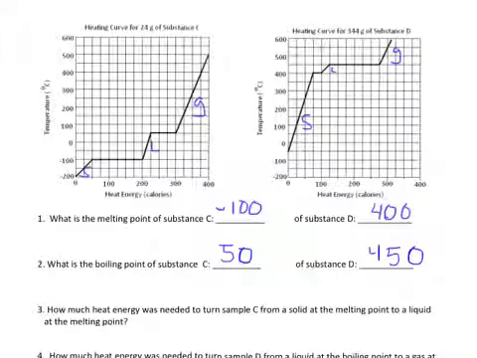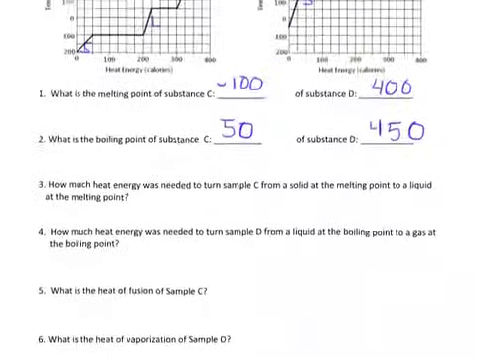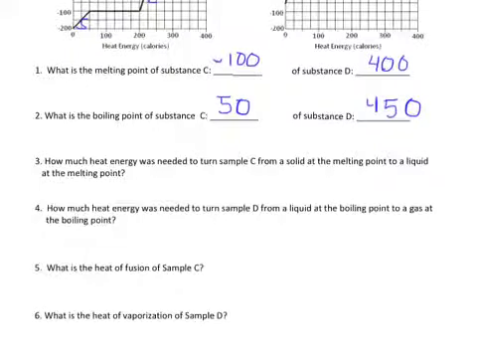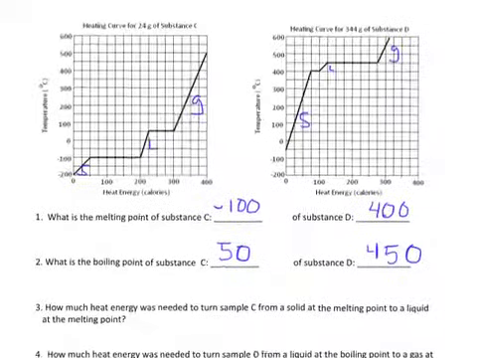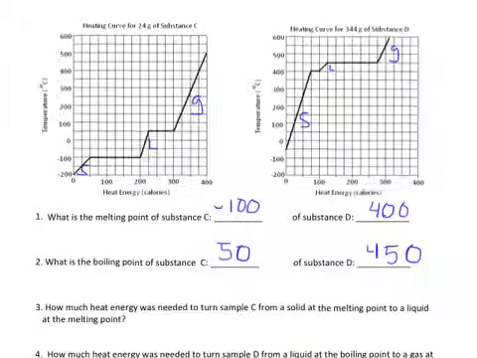Alright, we're doing great here. Let's just roll this on up. And let's see what we got here. Alright, number 3 is going to say, how much heat energy did it take to turn sample C from a solid at the melting point to a liquid at the melting point? So we want to know how much energy did it take to turn this sample C from a solid at the melting point to a liquid at the melting point.